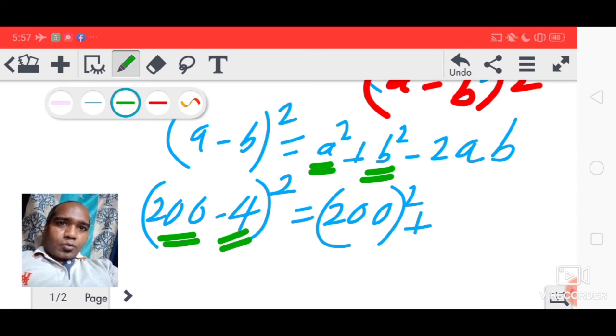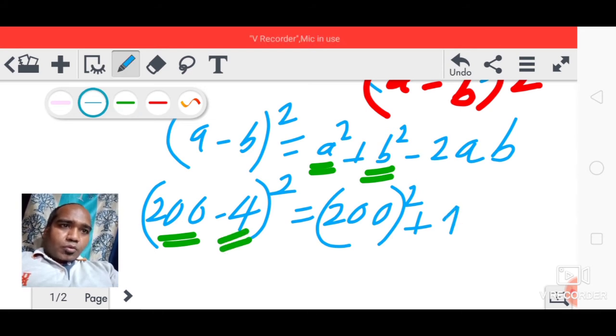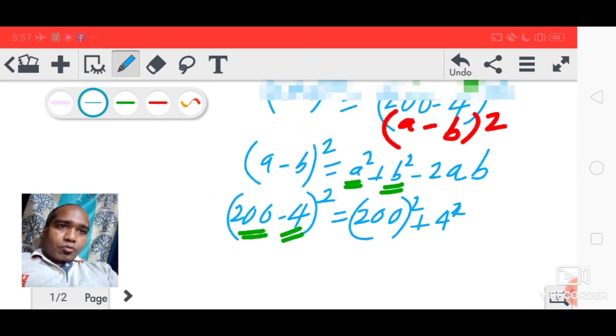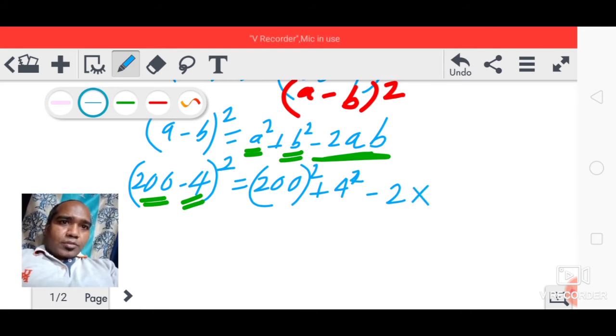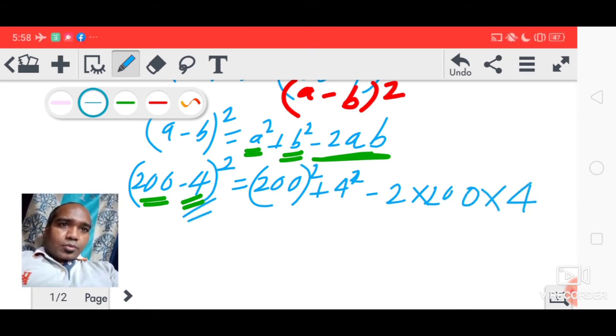Our b is 4, so we'll write here 4 square. Then you can see here minus 2ab, so we'll write here minus 2. Minus 2 into a into b means minus 2 into 200 into b. What is our b? Our b is 4, so we'll write here 4.